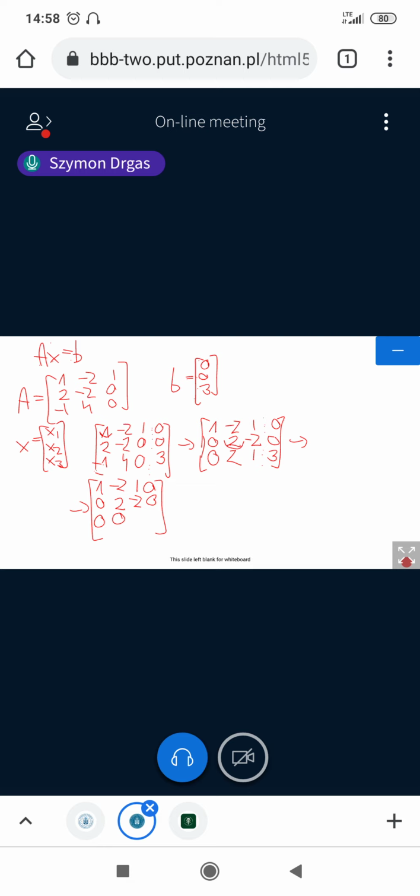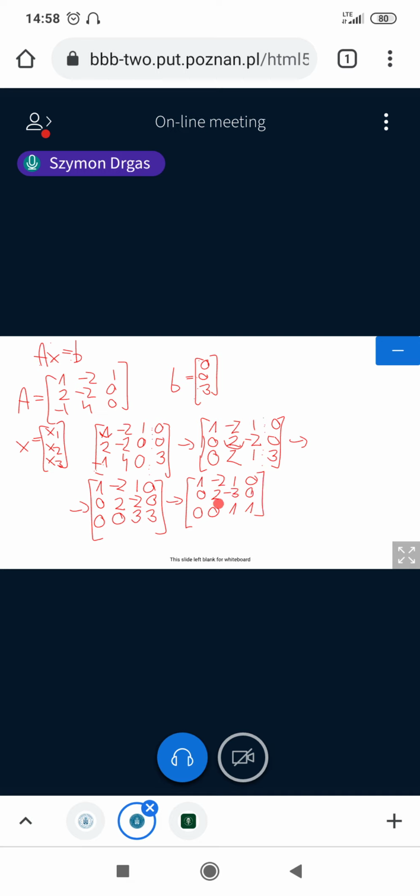Then we have 1 minus minus 2, so it will be 3 and 3. So now we can divide the third row by 3, and use back substitution, or we can continue with elimination.